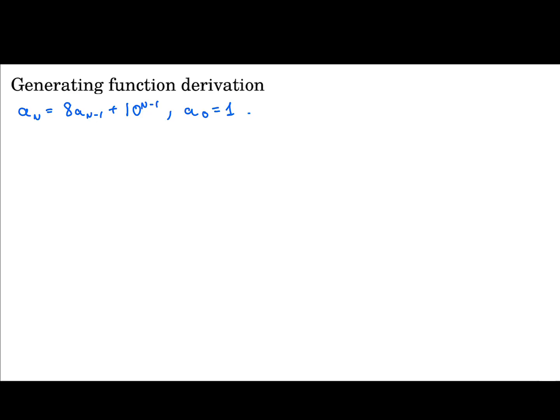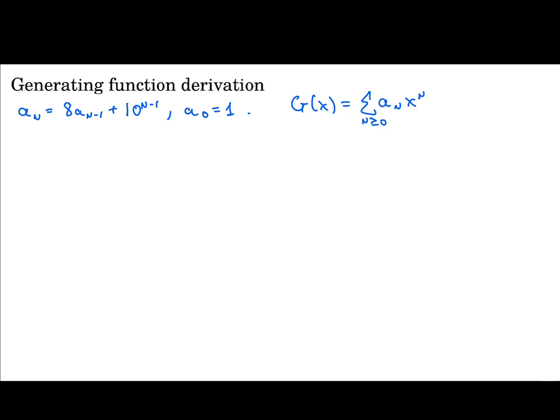And our generating function for this, let's denote it by g(x). So g(x) is going to be the summation of a_n x^n, n larger or equal than 0. And so the idea here is we'll multiply by x^n on both sides here and sum over, in this case, n larger than or equal to 1.